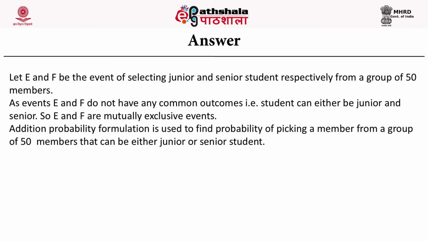As events E and F do not have any common outcomes, a student can be either junior or senior, so E and F are mutually exclusive events. Addition probability formulation is used to find the probability of picking a member from a group of 50 members that can be either a junior or senior student.